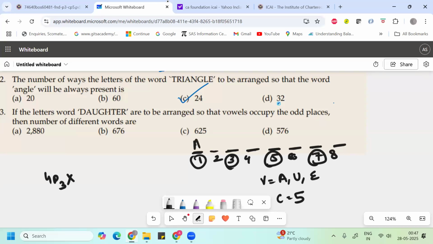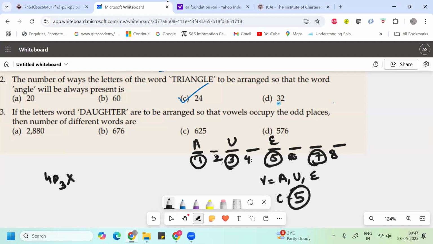Suppose I use the three vowels A, U, and E. Now how many places are left? Four places are there, and total you have five consonants. These five consonants can come in any of these places.